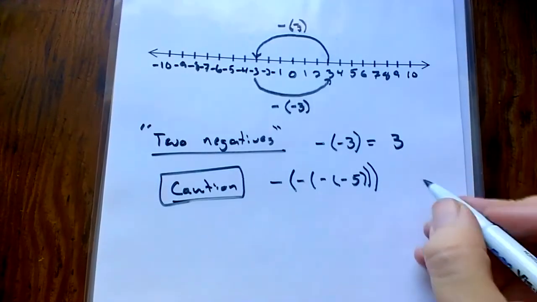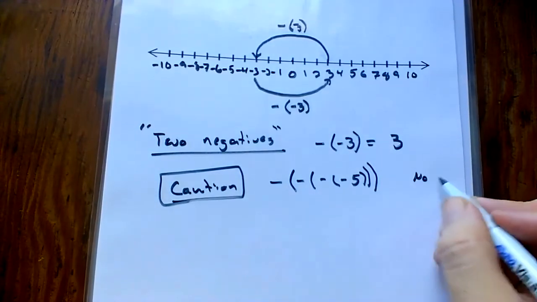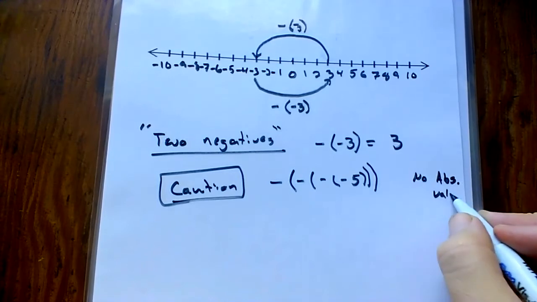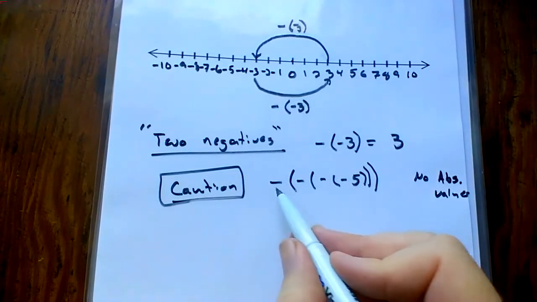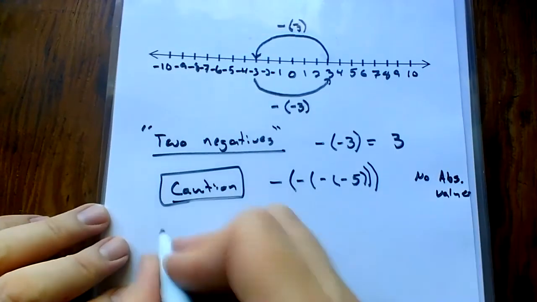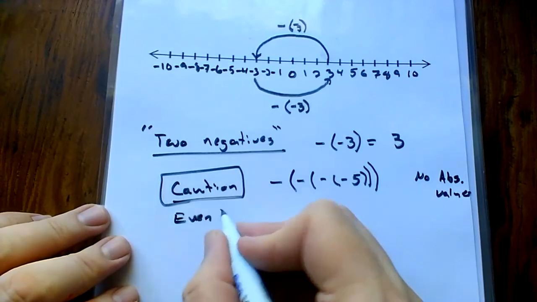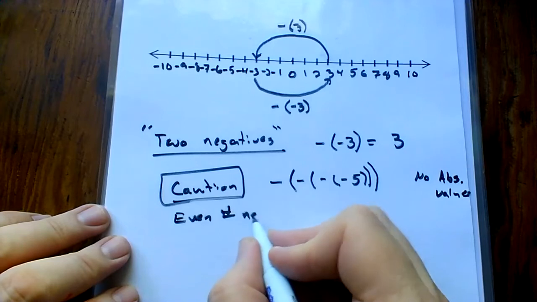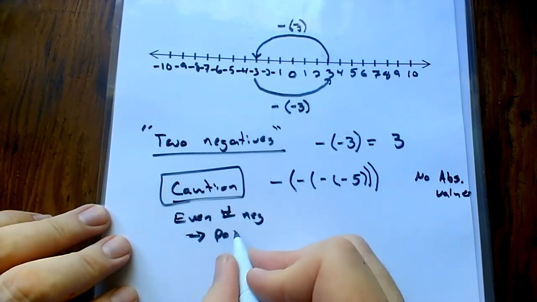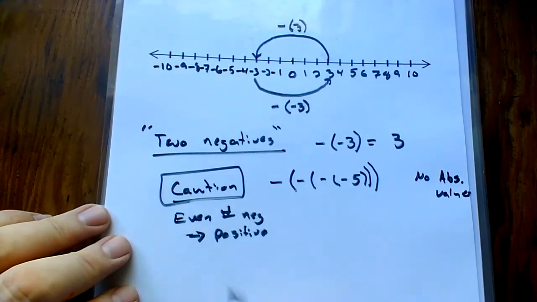One of the ways that you could do this, if I have no absolute values, is you could just count them up. I've got 1, 2, 3, 4 of these. If I have an even number of negatives, this will make a positive. If I have an odd number, that would be negative.